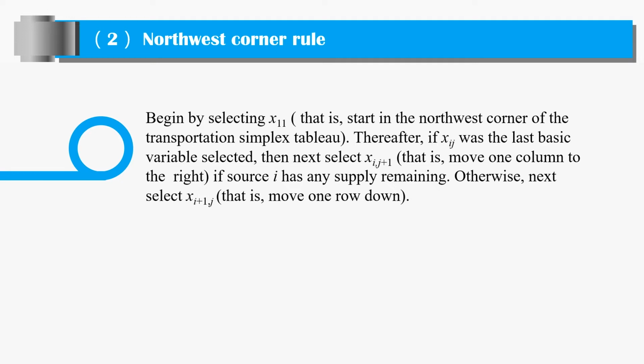Thereafter, if xij was the last basic variable selected, then next select xi,j+1, that is, move one claim to the right, if source i has any supply remaining. Otherwise, next select xi+1,j. Let's move one row down.